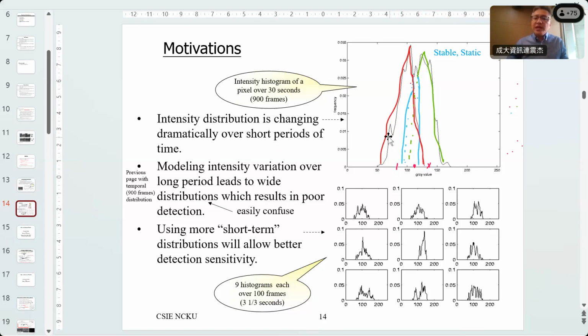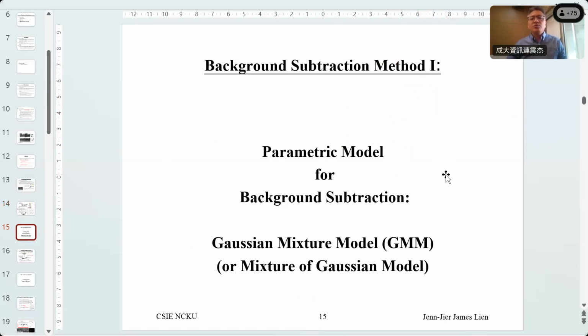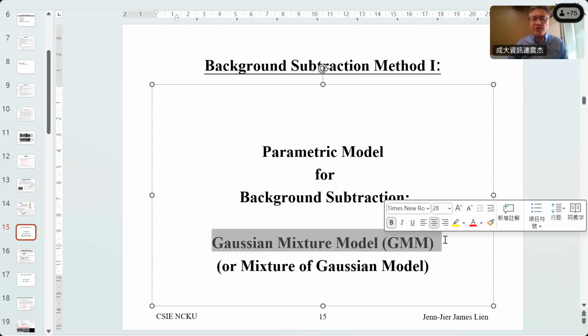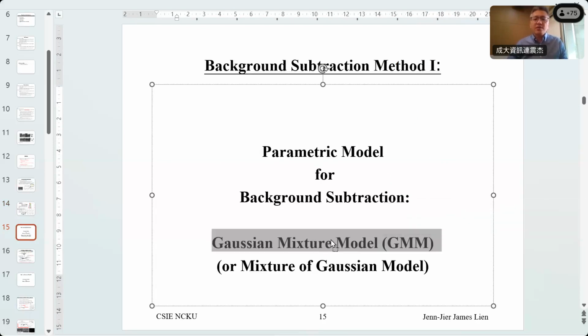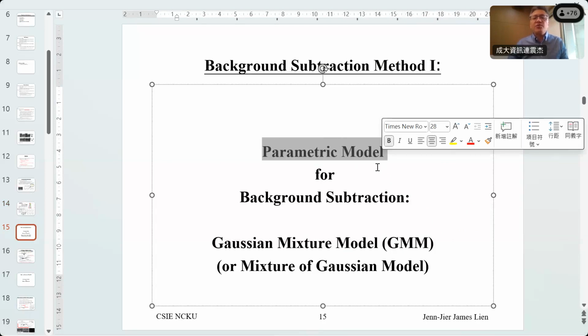So in this example, we can use 3 Gaussian distribution to approximate 去逼近这个 distribution. 好，那我们就开始讲。So we talk about the Gaussian mixture model, the GMM. And the first one we want to teach you is the parametric model.